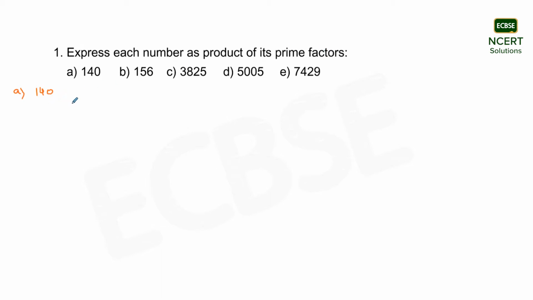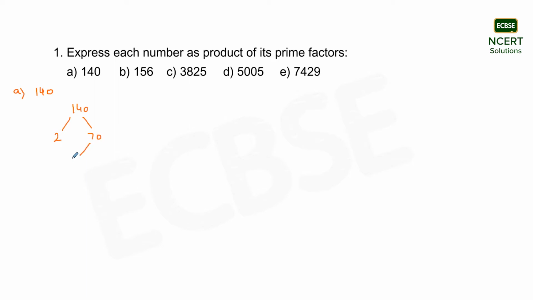number 140. I can see very clearly that this is an even number. If I take 2 out from 140, I'll be left with 70. And again 70 is an even number, right?